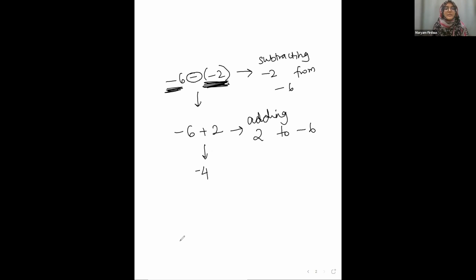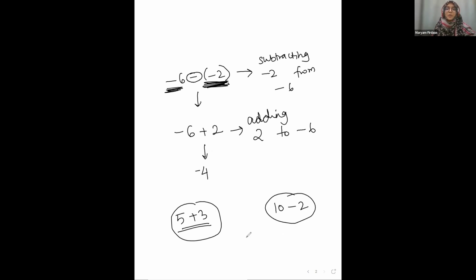Just like 5 plus 3 is different in language from 10 minus 2, they are two separate expressions, but their value is the same. Did you get it?